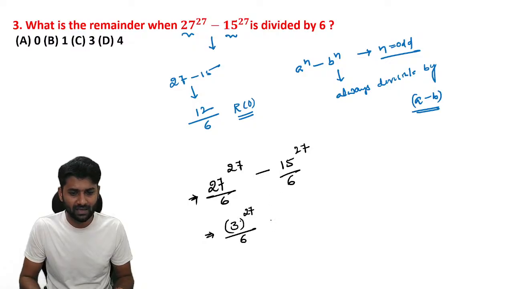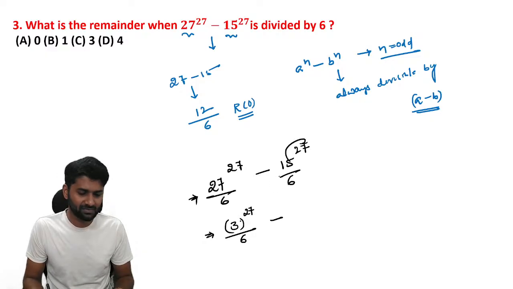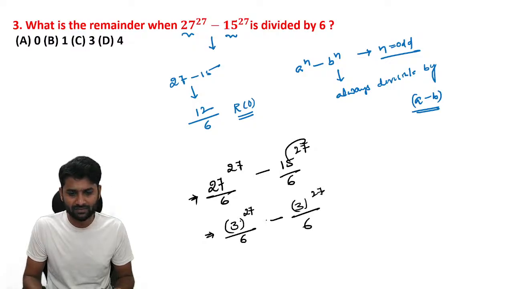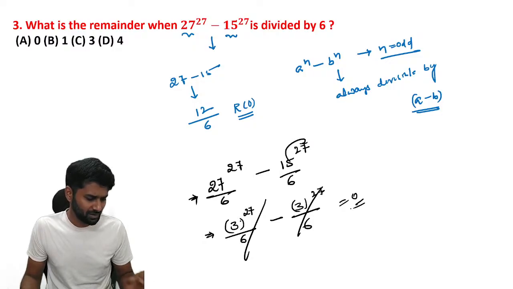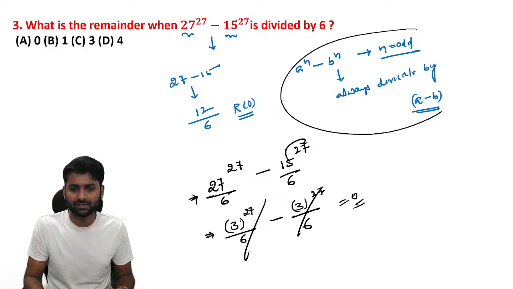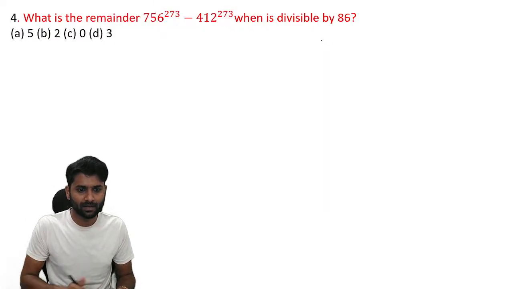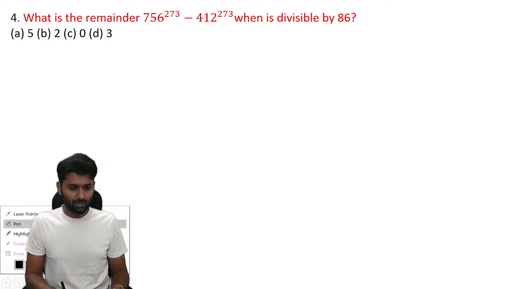Again, 15 is divided by 6, and 15 is repeated 27 times. Every 15 divided by 6 leaves remainder 3, and the 3 is repeated 27 times. If you observe that, the difference becomes 0. If you are interested, you can go for the manual approach. Otherwise, you can apply this concept. Go for it.